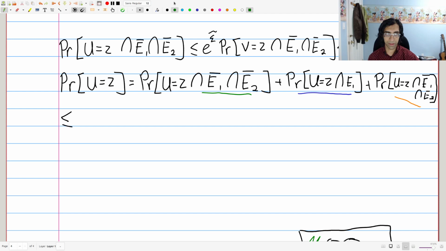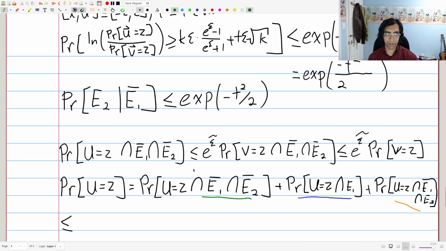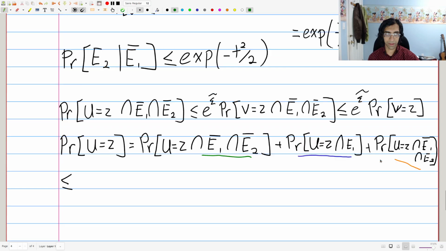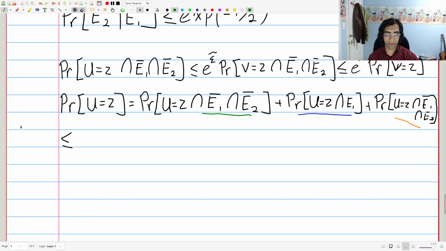Well, that we can actually bound using what we derived in the previous line. We said that this is upper bounded by, I'll write it in green now, e to the epsilon tilde, probability that v is equal to z. Next, the blue term, well, what is this? This can be upper bounded by just the probability of E1 bar.